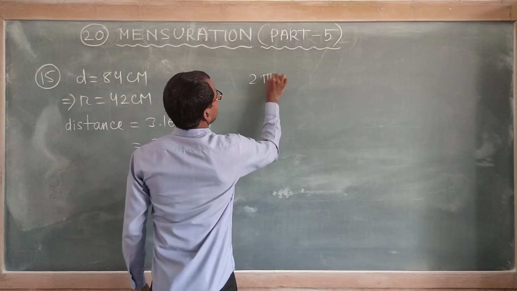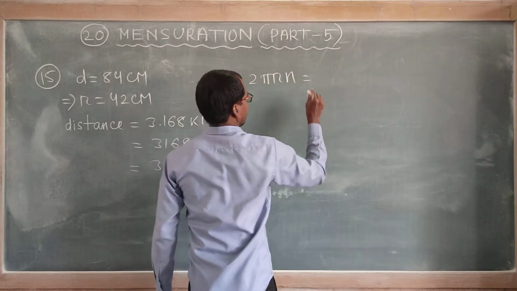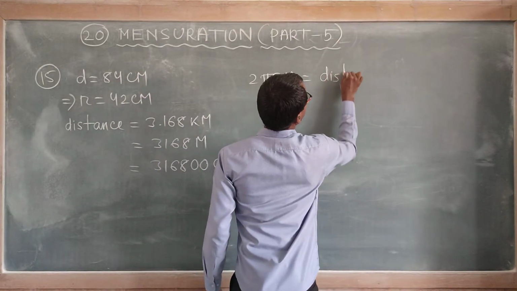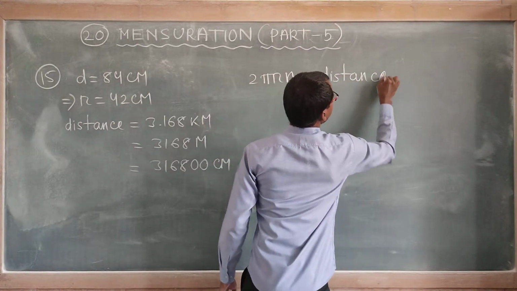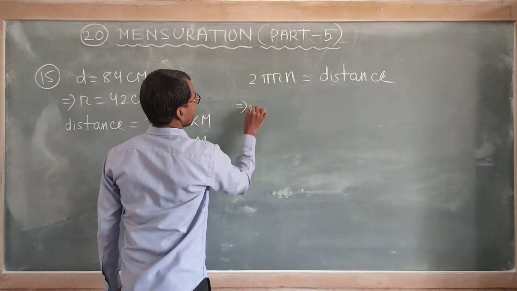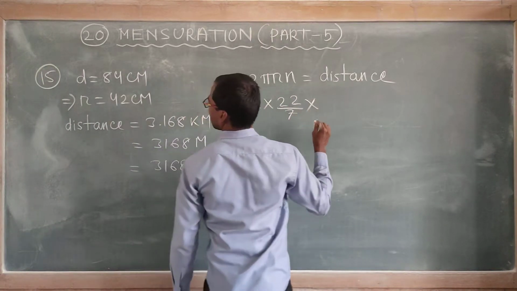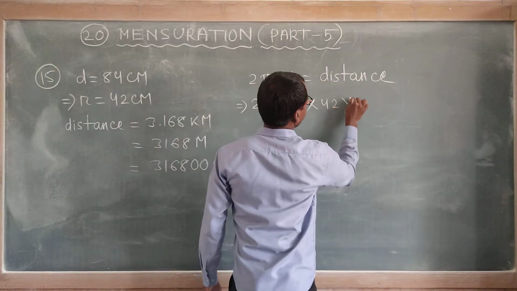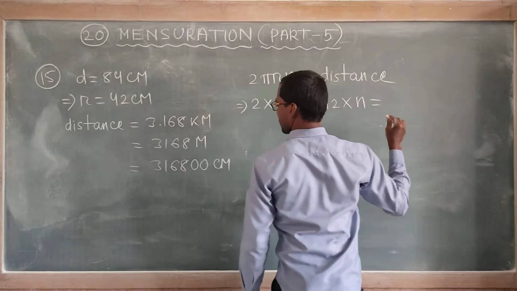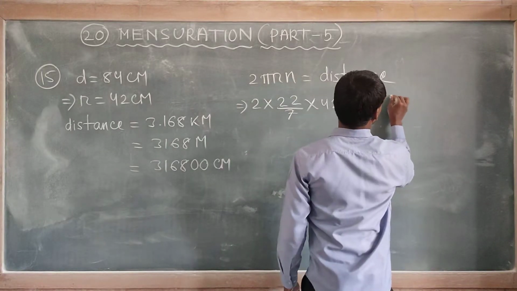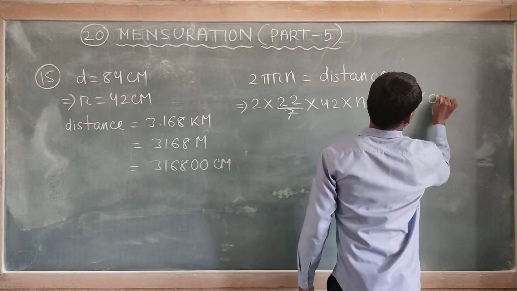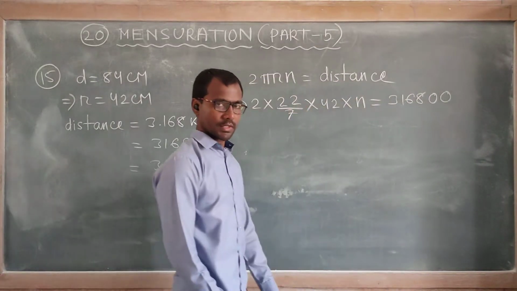So 2πrn is equal to the distance: 2 into 22 by 7, radius is 42, and we have to find n. The distance is 316800 cm.